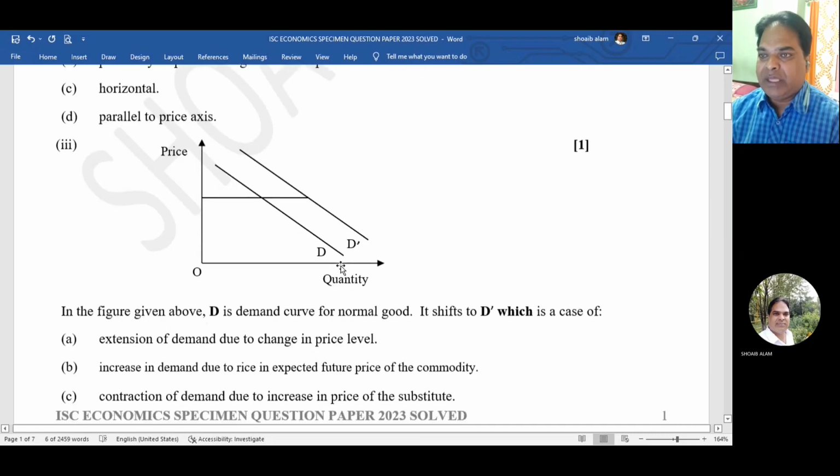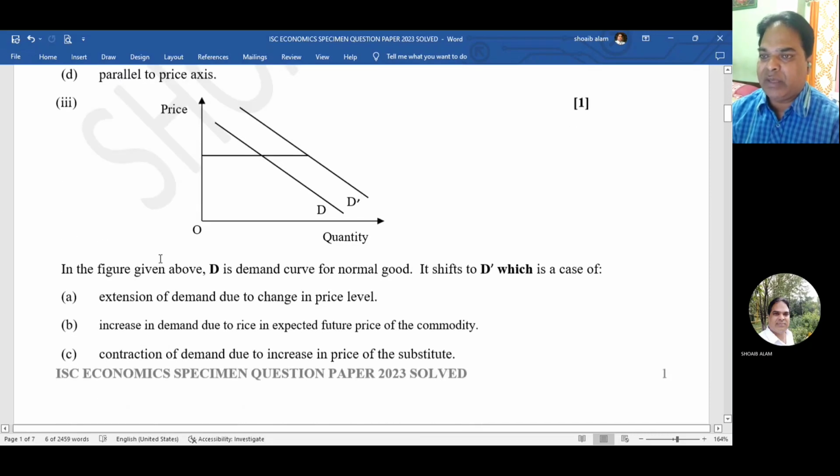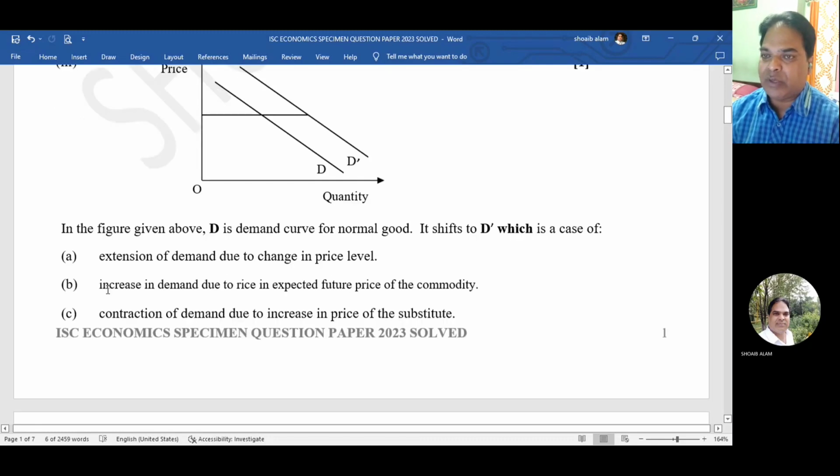Now based on this figure, in the figure given above, D is the demand curve for a normal good. It shifts to D, which is a case of which of the following?